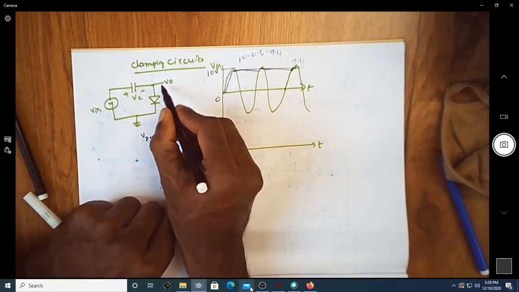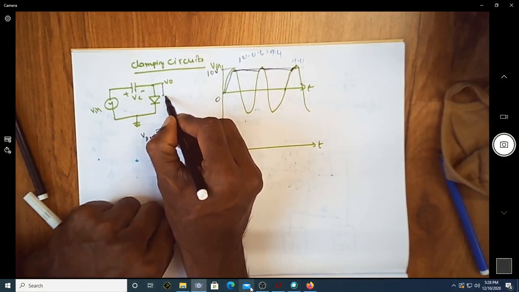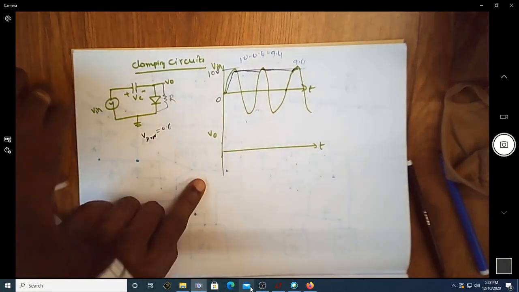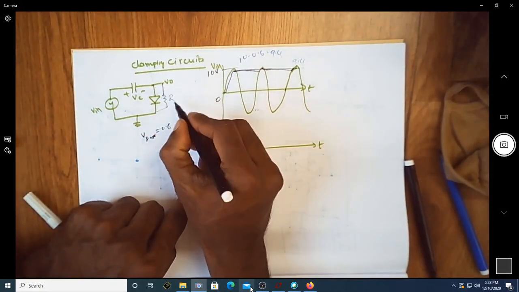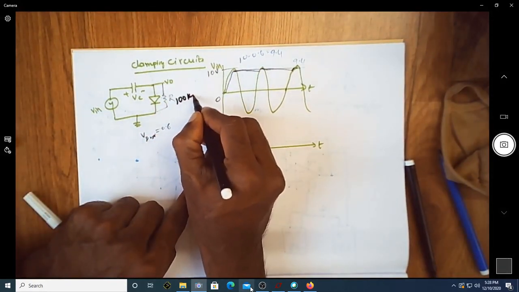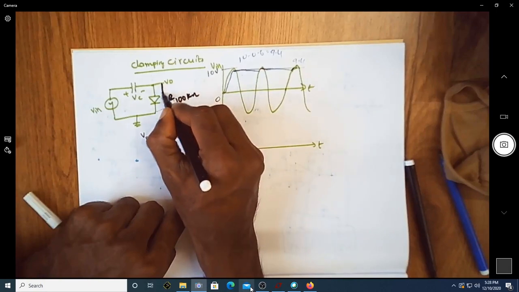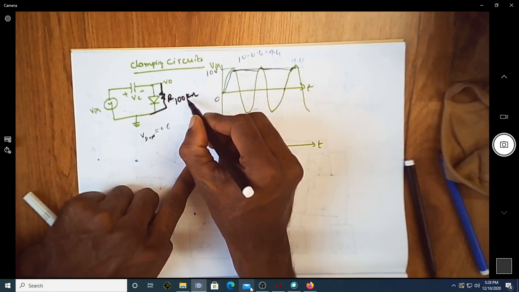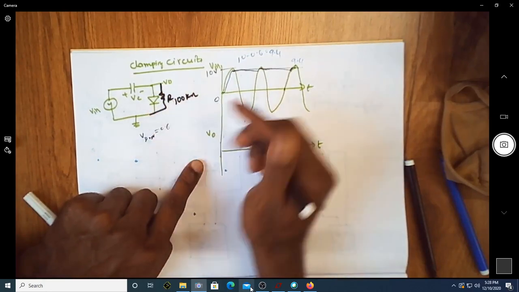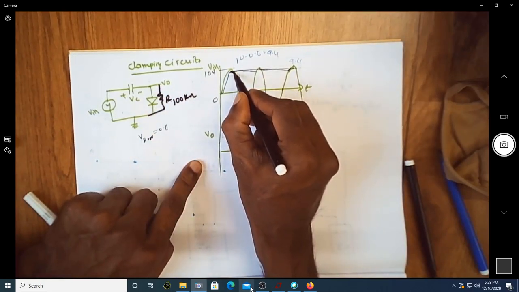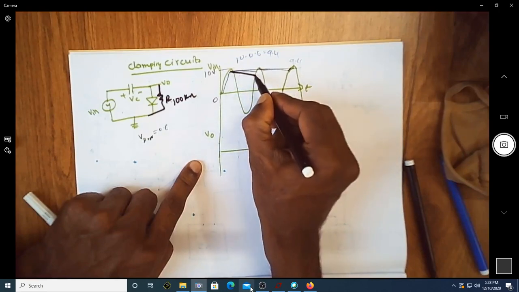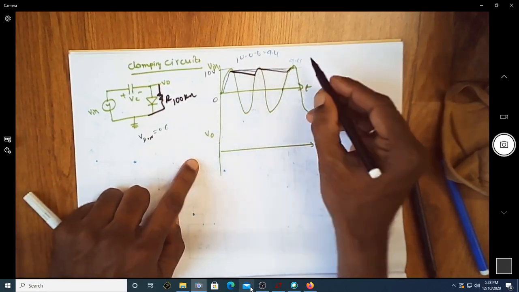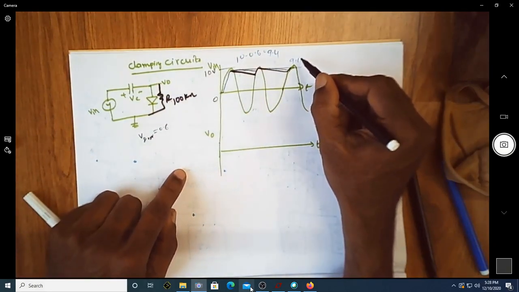But in the practical case, we will certainly have some very high resistance connected across this, in the order of hundreds of kilo ohms. Assume this is 100 kilo ohm, connected as the load. This 100 kilo ohm will come in parallel with the diode whenever it is reverse biased. You may end up with some more discharge, and then it will charge again and discharge again like this. So this is the capacitor voltage that you would have.